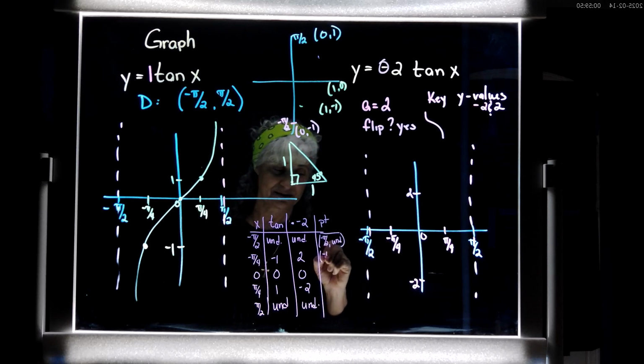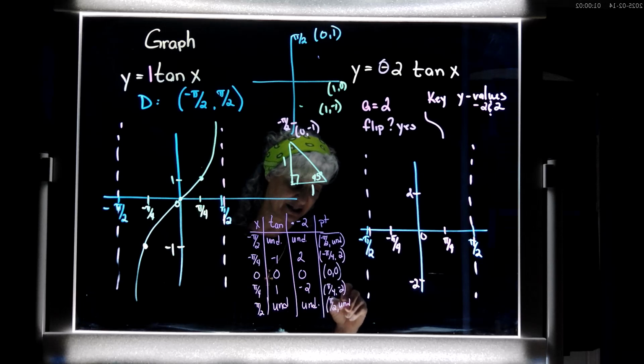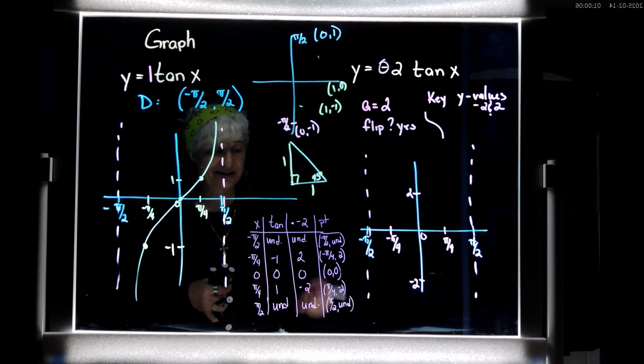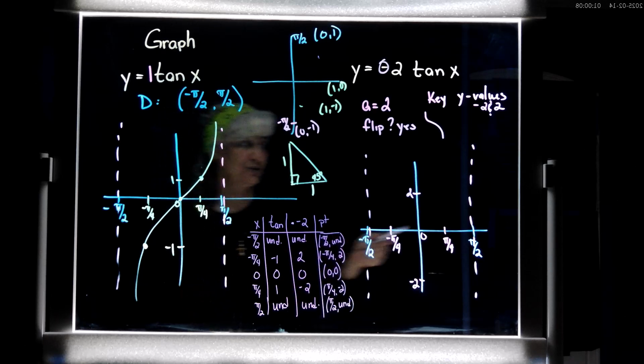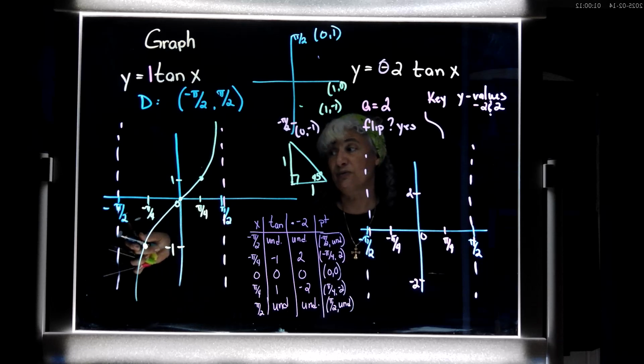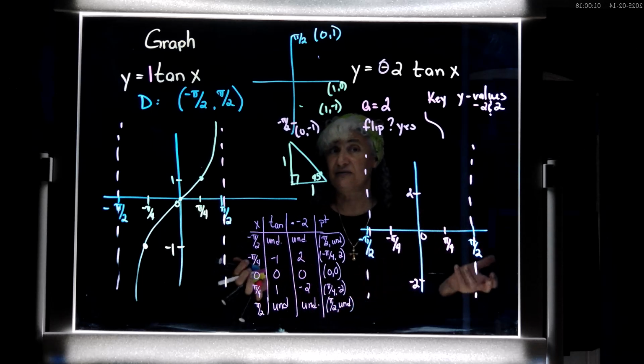And this one, negative pi over 4 and positive 2, 0 and 0. Pi over 4 and negative 2. And again, this one's kind of weird, but pi over 2 and undefined, which is going to tell you an asymptote. Sometimes it's kind of nice to write these two like that so you know an asymptote is supposed to be there, which is what we already have, because we got it from the parent graph. And nothing has changed in terms of the length of this interval.